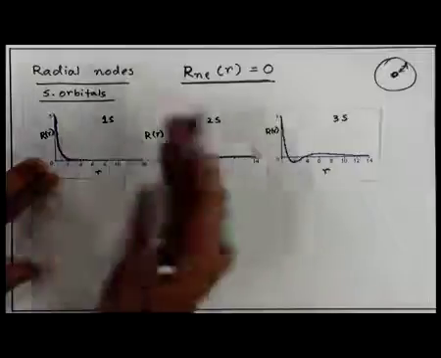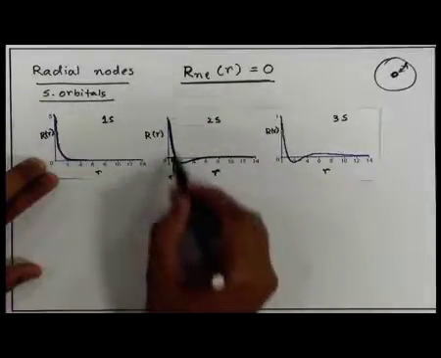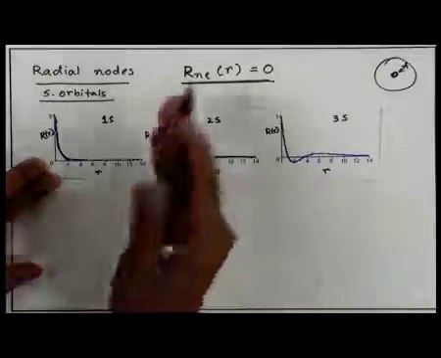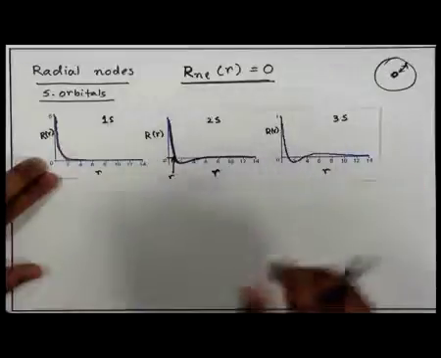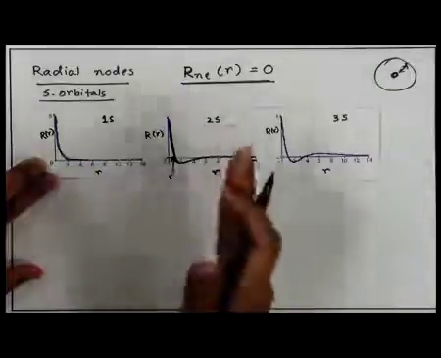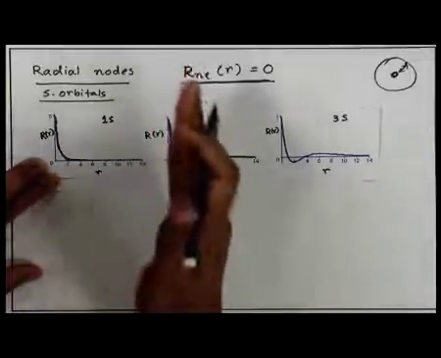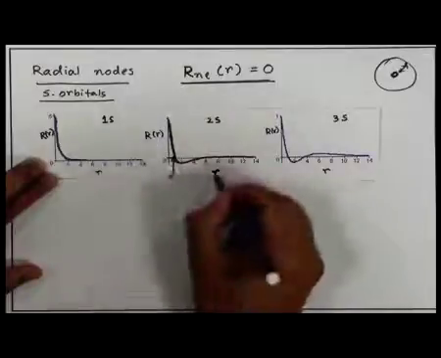So, while going along the r axis, we get a value of r where there is no probability distribution. That means at that value of r there exists a node, and this node is a radial node.